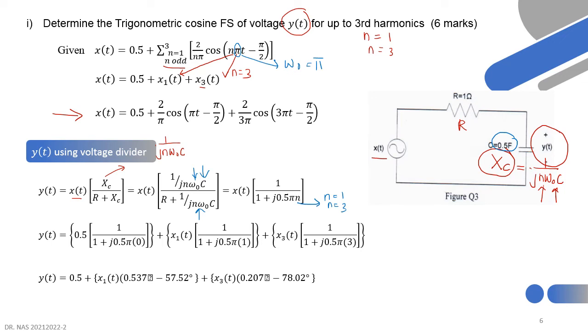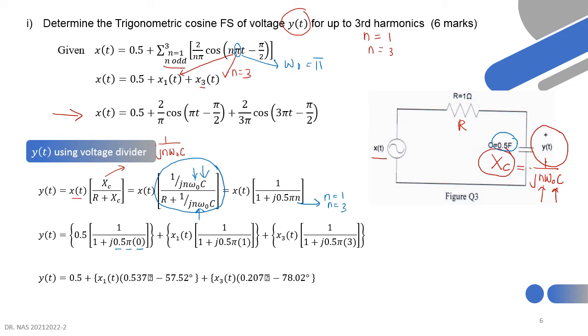So the first one, y(t) equals x(t) multiplied with the total impedance in this case: 1 over j 0.5 is C, this is omega naught, and this is your n.